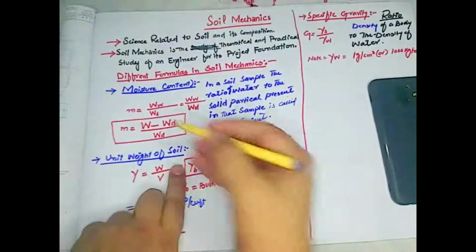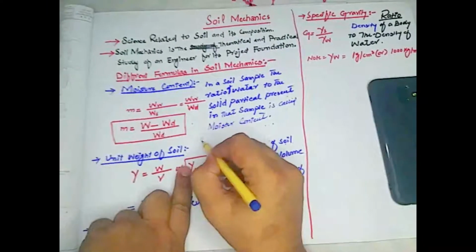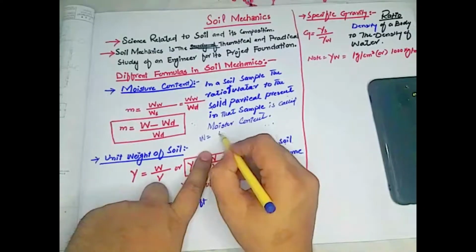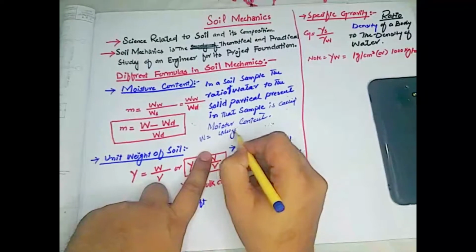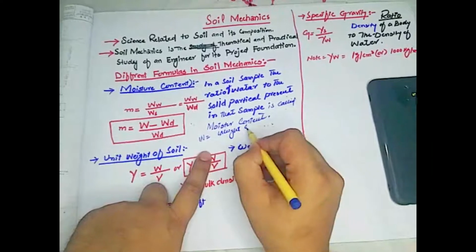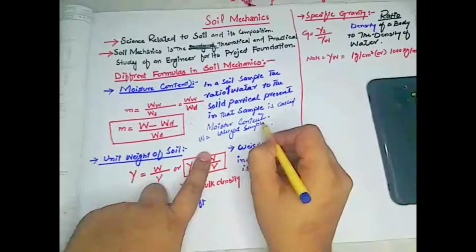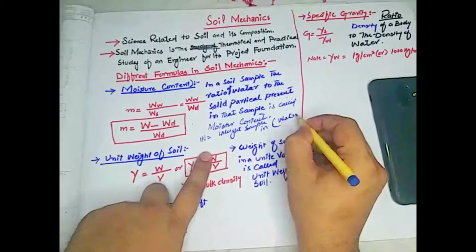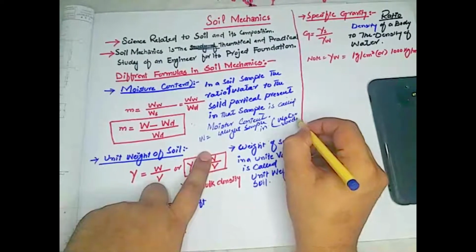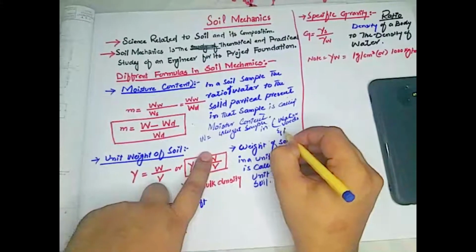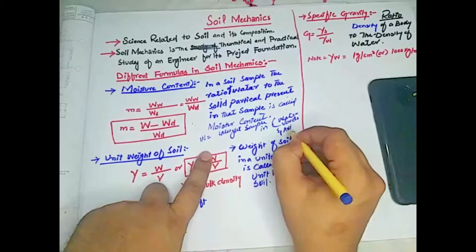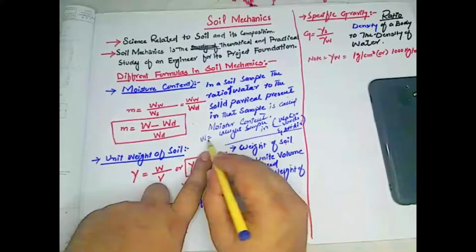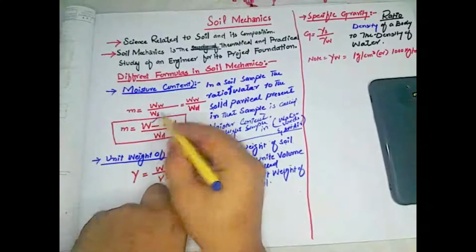Here W is the weight of a sample in which water, voids and air are present. It is called W.